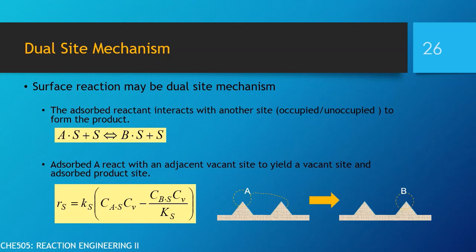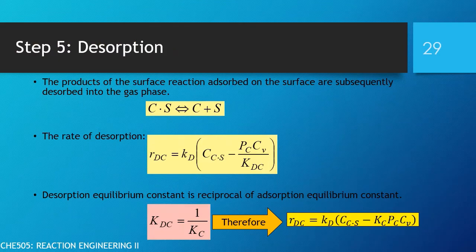Adsorbed A reacts with an adjacent vacant site to yield a vacant site and an adsorbed product. So the product B is attached to the active site, and there is another vacant active site. For dual site mechanism, there are many types. This is one example, where only one reactant is involved in the reaction, but the reaction requires two active sites.